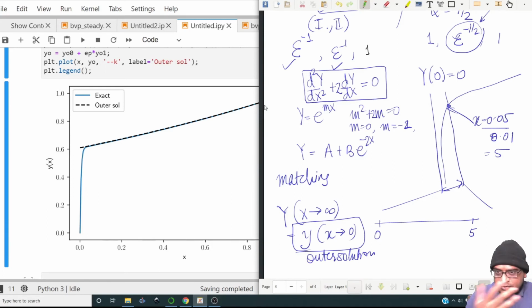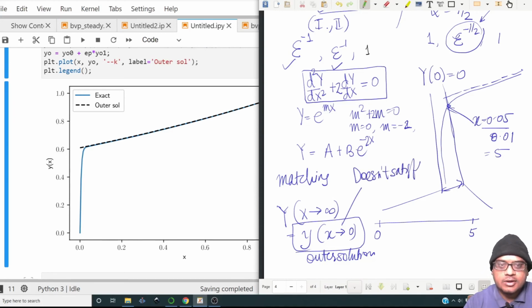So x tends to 0 for the outer solution means, for the dashed line over here, whatever limit it is going to, this dashed line is sort of going to this. So this boundary is like x tends to 0 for the outer solution. And why is it true? Because obviously it cannot satisfy the x equal to 0 boundary condition. So as x tends to 0, this obviously does not satisfy the left boundary condition.